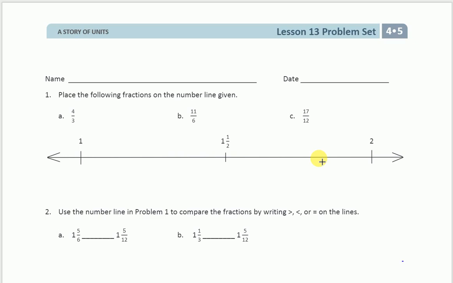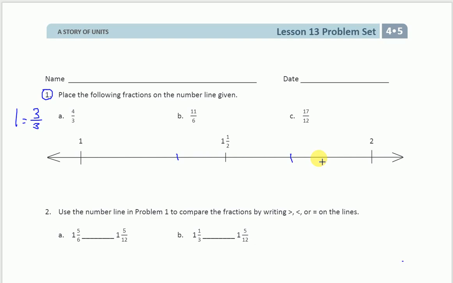Number 1 says to go ahead and place the following fractions on the number line given. If we look at 4/3, just keep in mind that 3/3 is going to be 1 whole. So 1 whole would equal 3/3. Then we would be looking at from 1 to 2, and we have to think about this in thirds, so we can portion that off into 3 pieces.